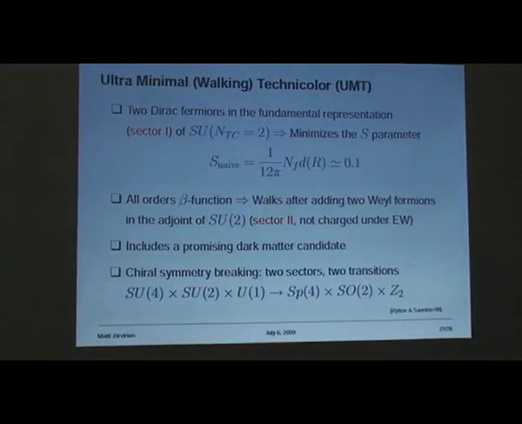We did just the same calculation, but now you have a different chiral symmetry. Actually, it's a more complicated thing because you have two different sectors of technicolor. So you have two chiral transitions, SU(2) to Sp(4) and SU(2) to SU(2).